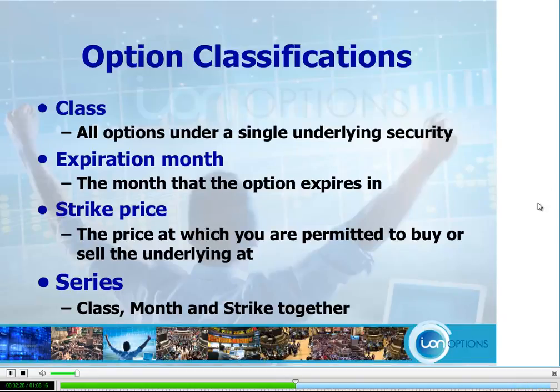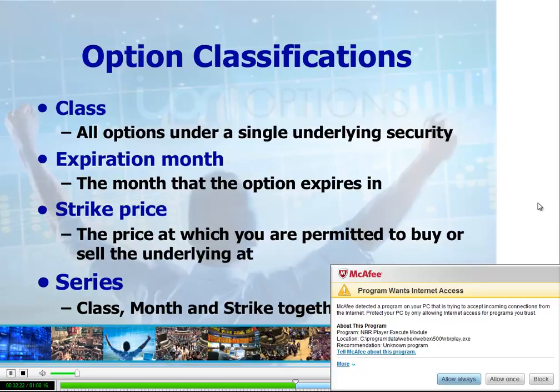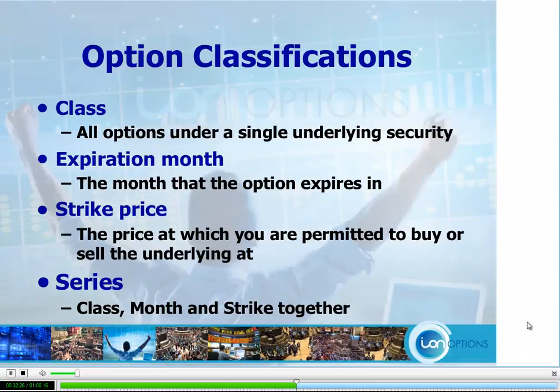Call and the 150 put in every month under IBM. Okay? And you have series. Series is when you combine it all.